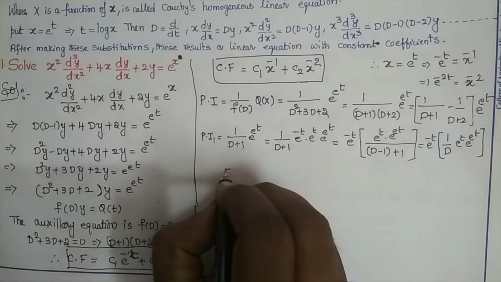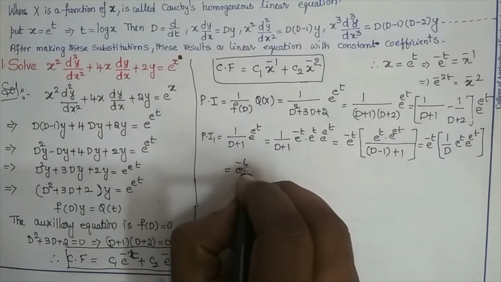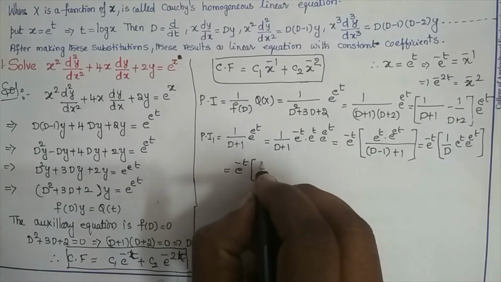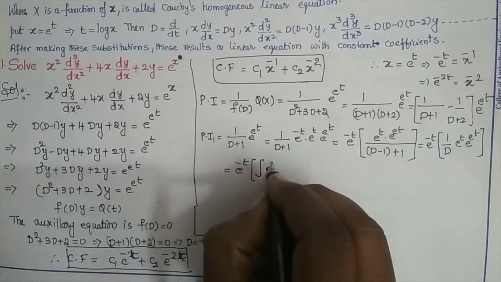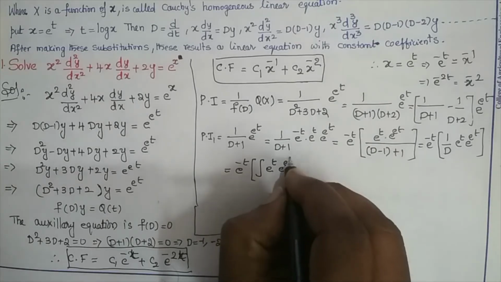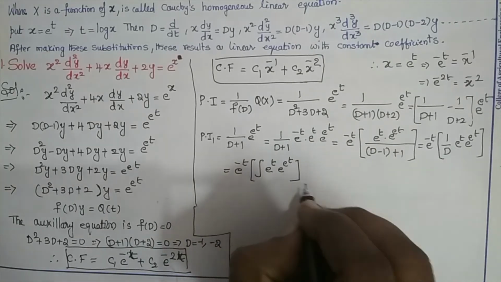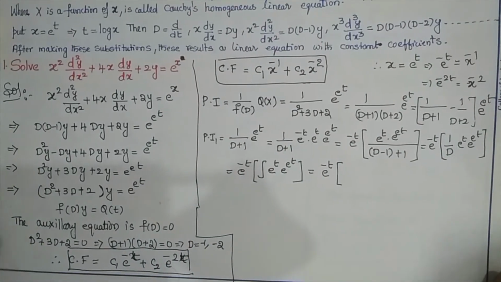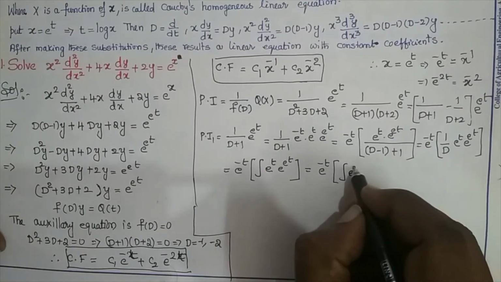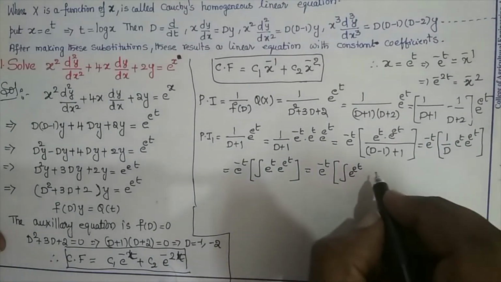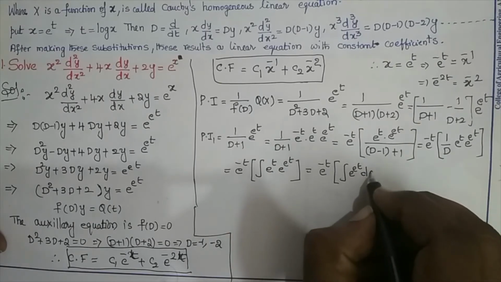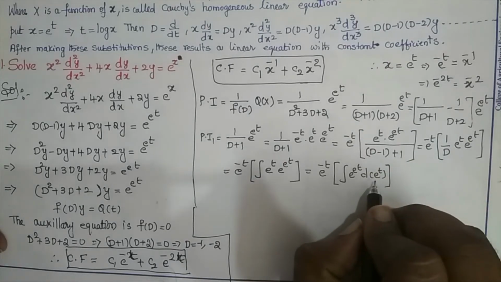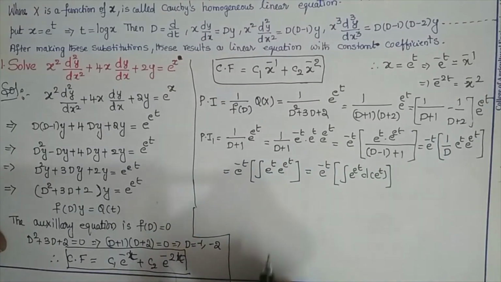Then simplify this one, e^(-t) as it is. Again 1 by D is nothing but integral. So integration of e^t, e^t. For solving this one, I can use e^(-t) as it is. For our convenience, e^t as it is, and differentiation of e^t is e^t. So I can write e^t as differentiation of e^t.